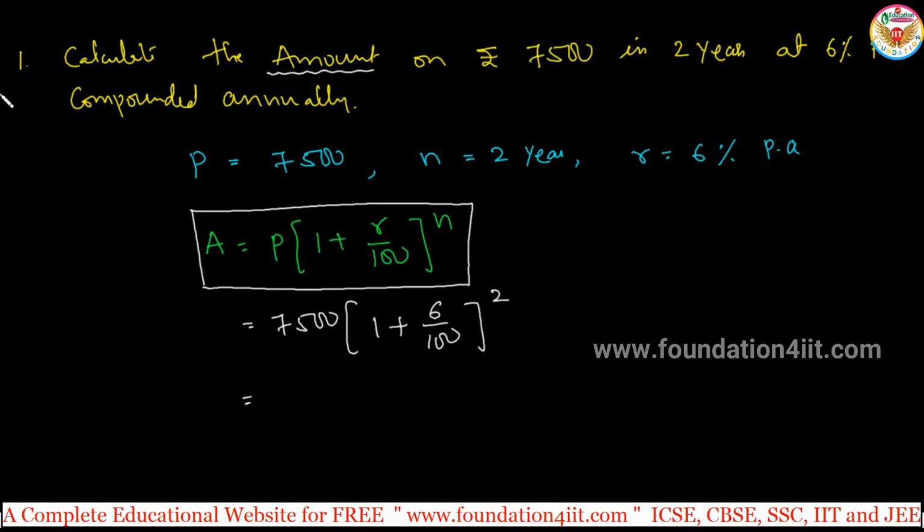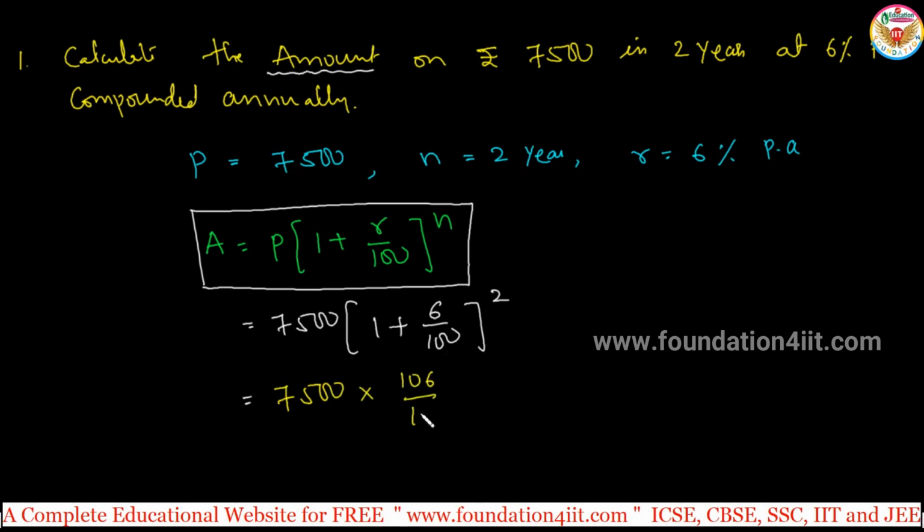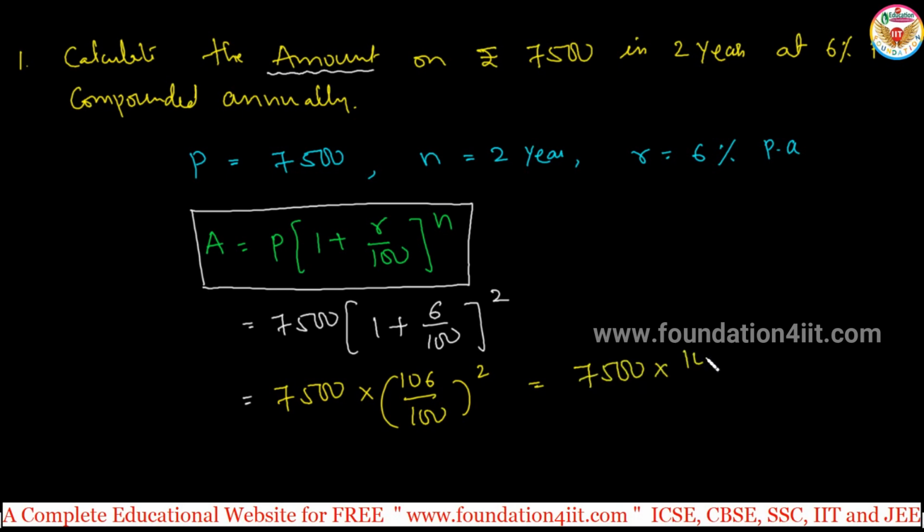Now within the bracket you have to do the LCM first. 7500 into 1 plus 6 by 100 is 106 by 100, for this whole square. So that means 2 times. So we can calculate 7500 into 106 by 100 into 106 by 100, because of power 2.